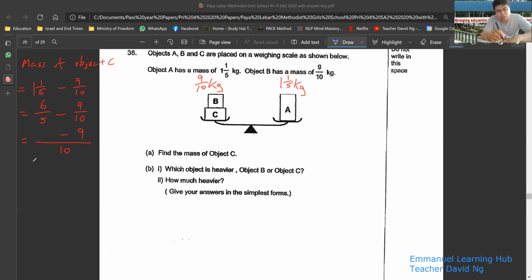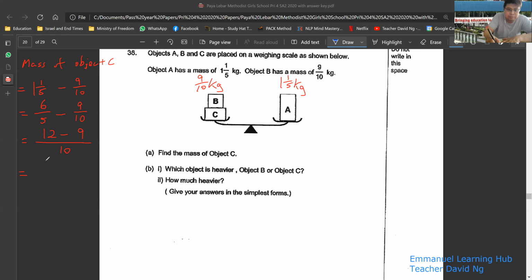What must I do to the 6? Change to simplest form. Okay, right now, how did 5 become 10? Times 2. Yes. So 6 must change to 12, because I times 2.